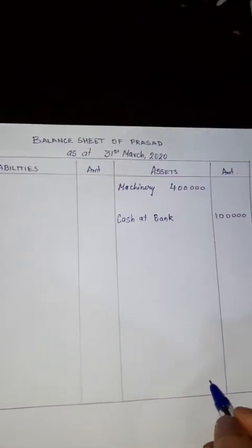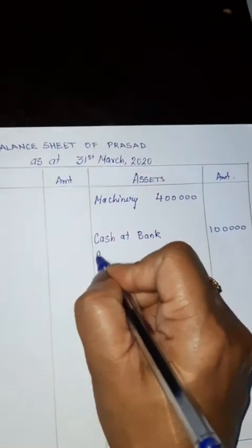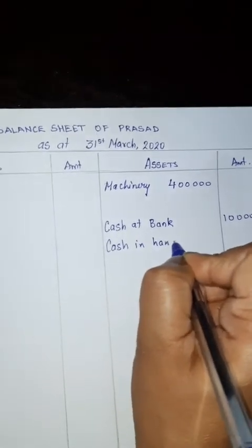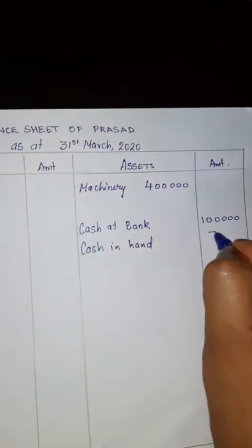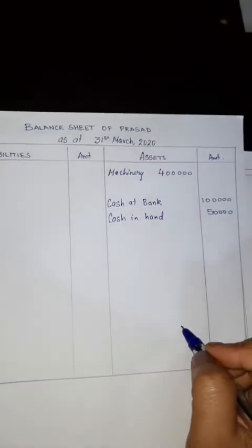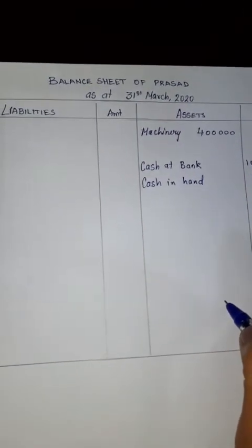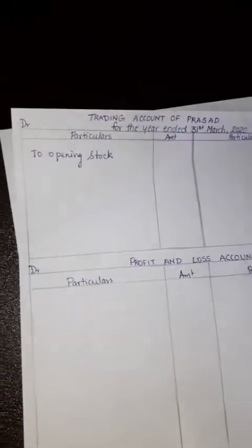Next item as per your trial balance is cash in hand. Cash in hand given to you is 50,000. Okay, cash in hand 50,000. Next item is wages. You have written that wages is an item which will come in the trading account.